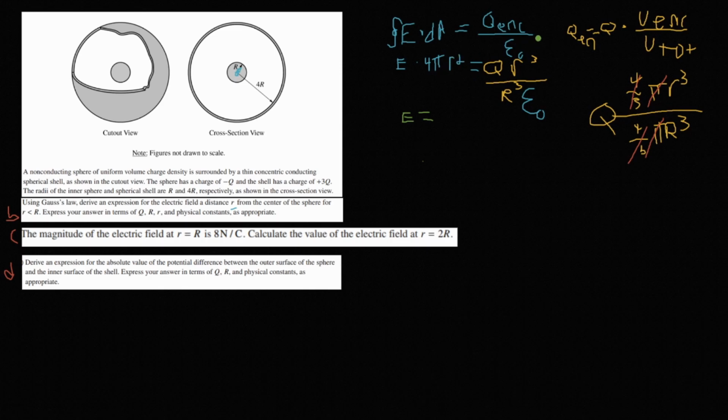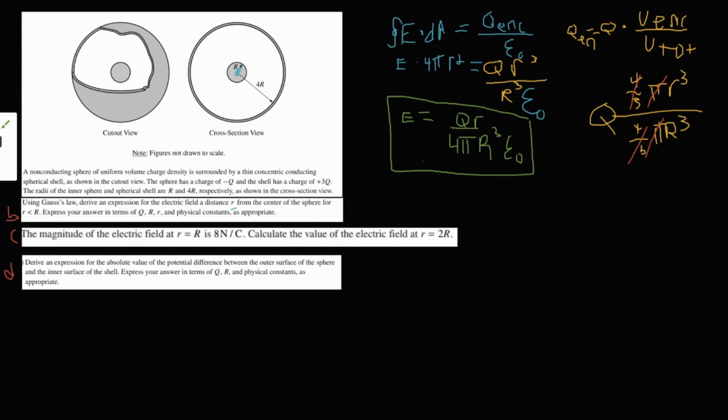So the r squared will cancel, leaving Q r over 4 pi big R cubed epsilon naught. There we go.